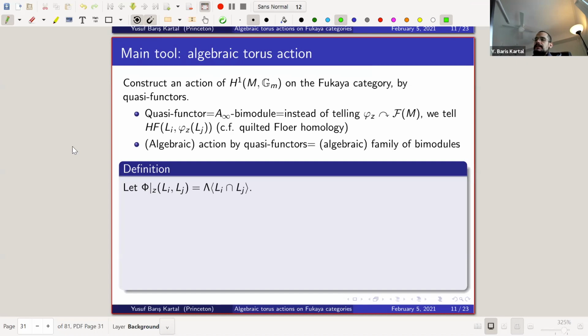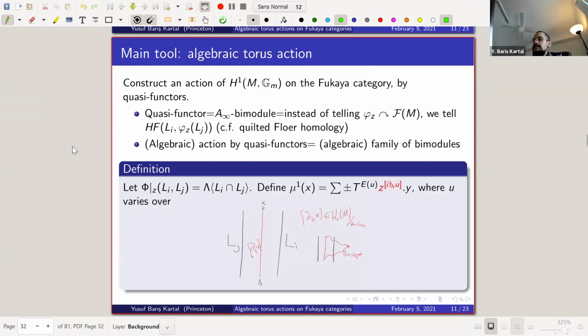Phi z of Li, Lj is just, it has the same underlying graded vector space as the Floer chain complex of Li and Lj. So it's spanned by intersections of Li and Lj, but the differential is a bit different. If you ignore the red term, this is just the Floer differential.